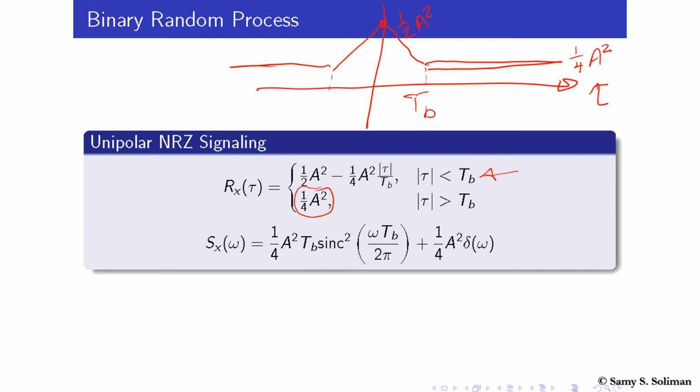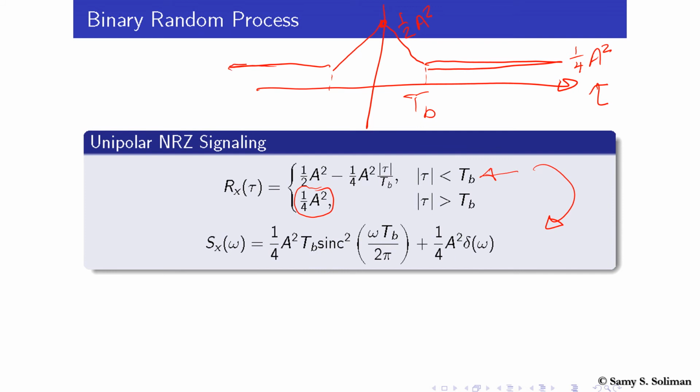One, a systematic way, exactly as we derived the autocorrelation function of polar non-return to zero signaling, or just using manipulation as we used to do with signal analysis. Of course, the power spectral density can be obtained by the Fourier transform of this signal, and the Fourier transform can be calculated as follows.